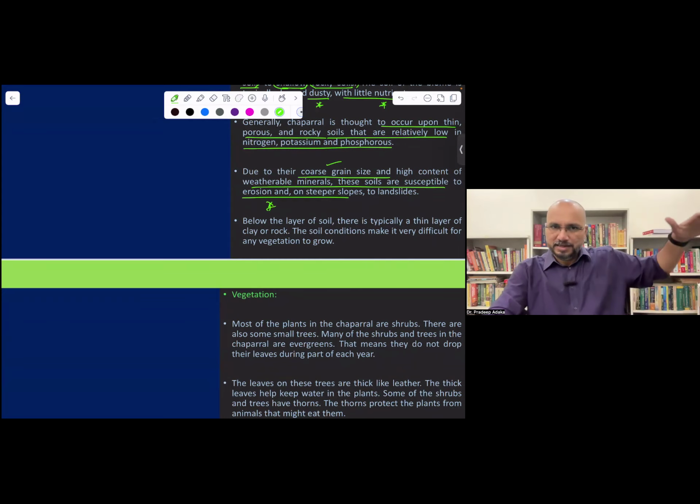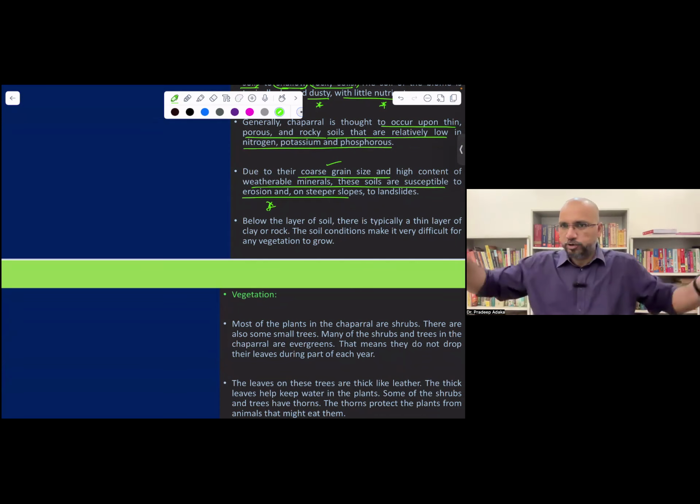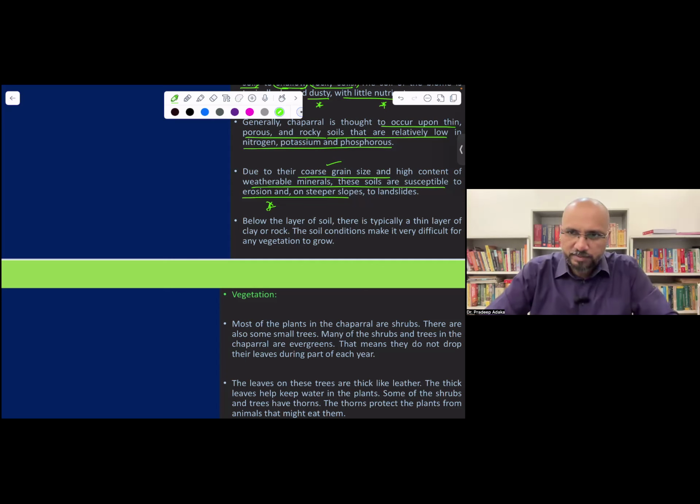If you have mountainous, undulating topography, erosion is very common. Landslides are very common in these areas because there is not much vegetation to hold the soil. If there is heavy precipitation, landslides or erosion are very common features here.